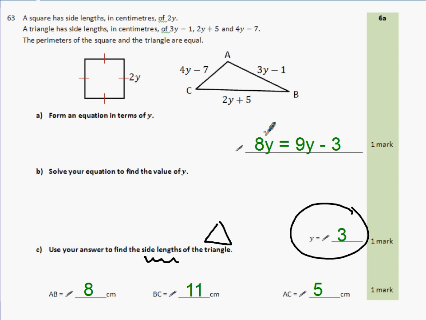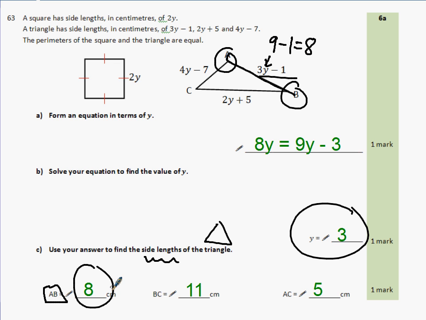And if you know that y equals 3, you can use that to find the side lengths of the triangle. The side AB, that is the side from A to B, so it means 3y take away 1. If we've just discovered that y equals 3, then we need to do 3 times 3, which is 9, take away 1, which is 8. So I've written 8.